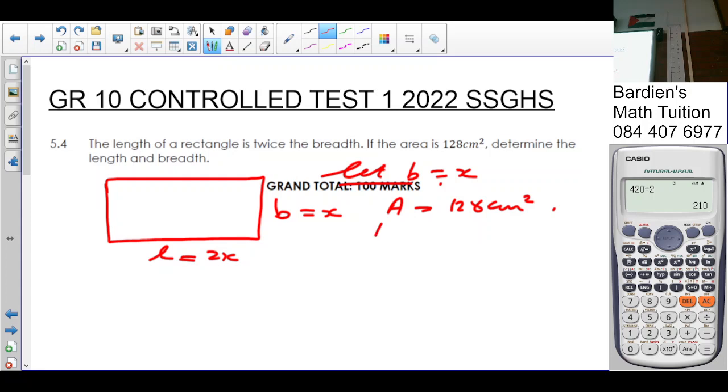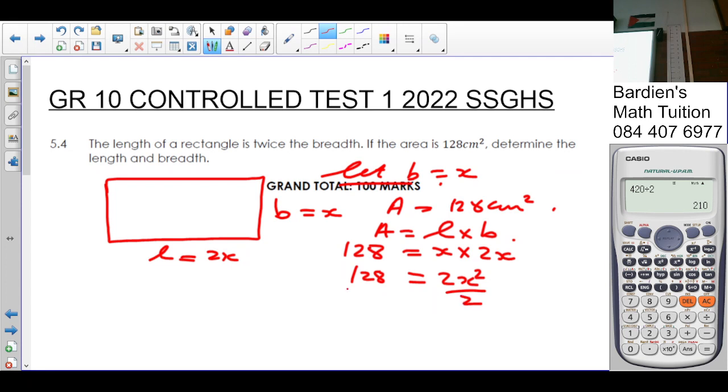So how do you calculate the area of a rectangle? It's length times breadth. So it's x times 2x equals 128. So x times 2x is 2x squared equals 128. To get x on its own, I divide by 2 both sides. So x squared is then equal to 64.